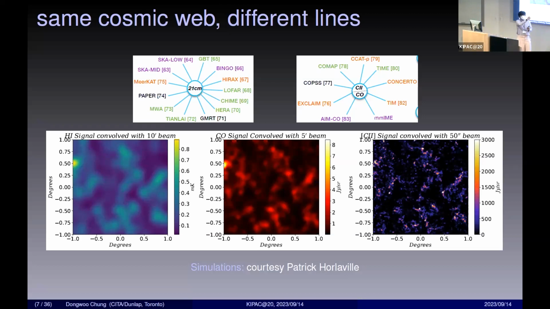If you go to higher redshift, out to later epochs of ionization, you'll see a scenario where the HI is still tracing a lot of unionized matter, and then you have the CO and C2 in the centers of these ionizing bubbles. So there's a tremendous amount of complementarity for CO and C2 line intensity mapping.